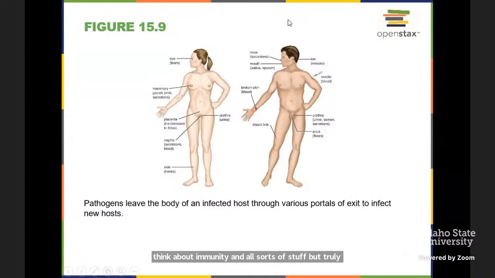Definitely some protection is conferred through breastfeeding to that little kid, but there are also opportunities for other things to be transmitted. Same idea. A few extra added ones, like earwax or milk, but everything else is pretty much the same as the portals of entry.